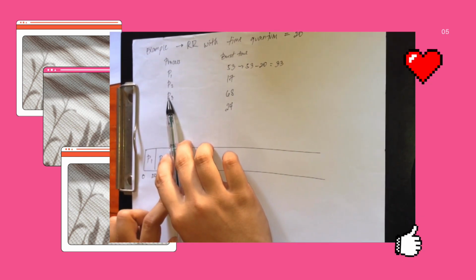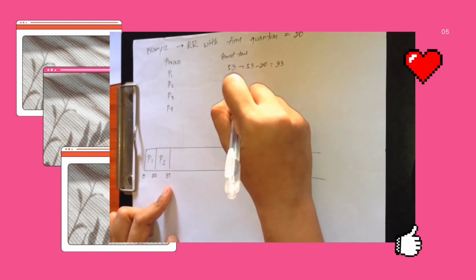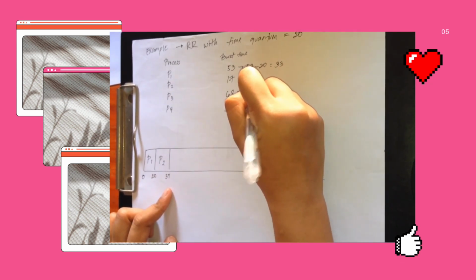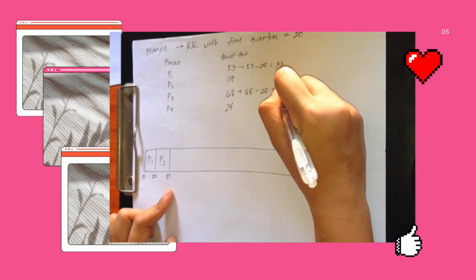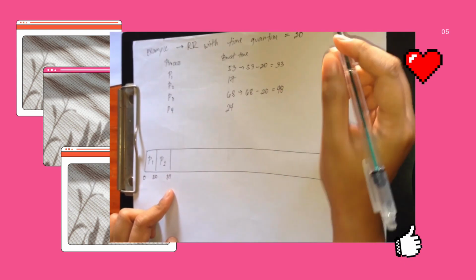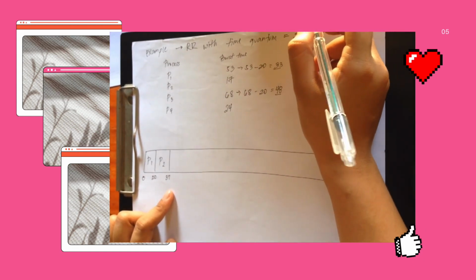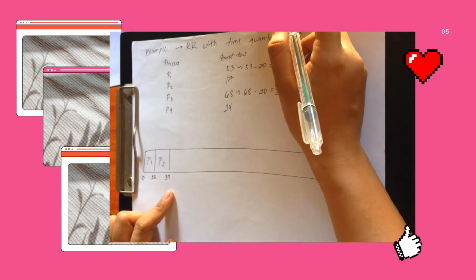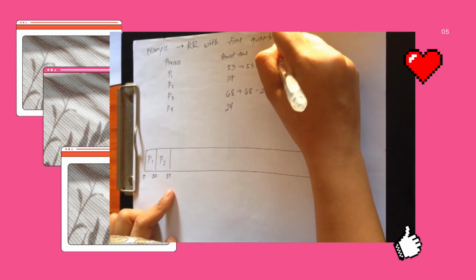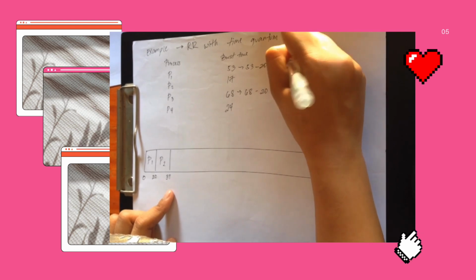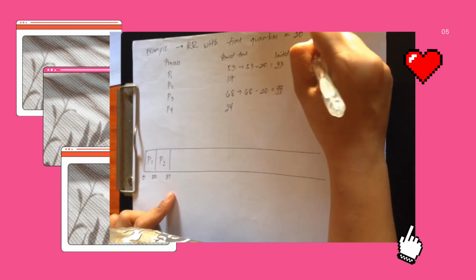Next is our P3. So, 68 minus 20 is equal to 48. These numbers are called limited burst time.